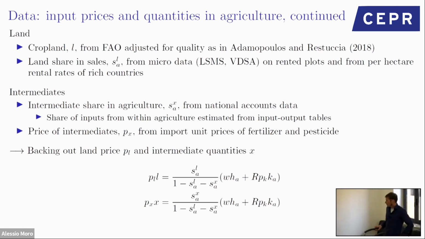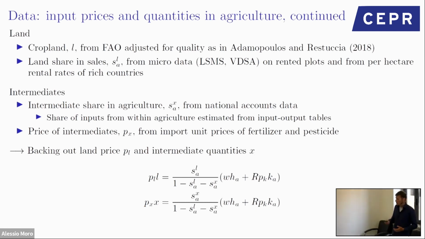Finally, intermediates. It's important to emphasize that what we mean by intermediates are intermediates that are used in agricultural production but are coming from non-agriculture. So this is mainly fertilizer, seeds, pesticides, but not manure, because manure is coming from agriculture itself.